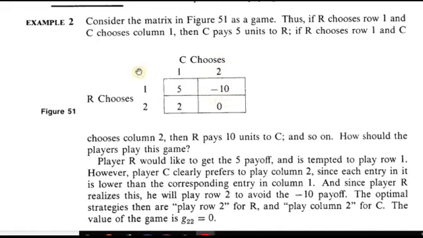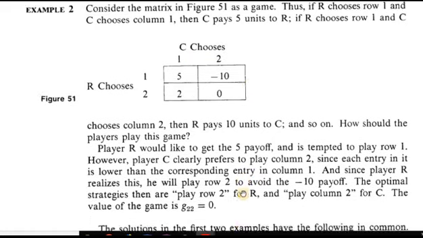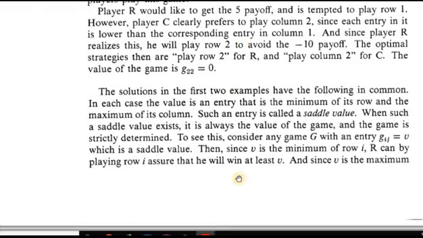Okay, so the maximum minimum benefit of the row player is the same as the minimum maximum loss of the column player. I think I said that right. You can rewind the tape and make sure that I said it right.